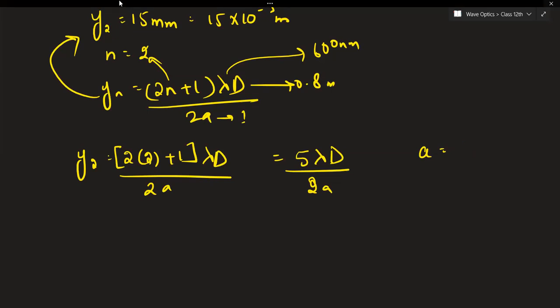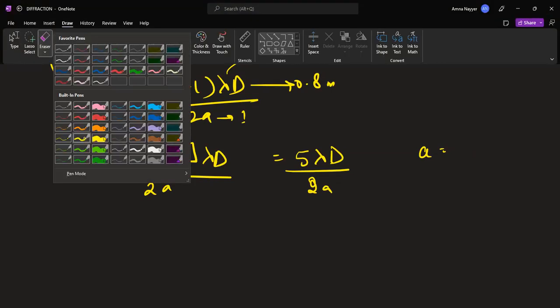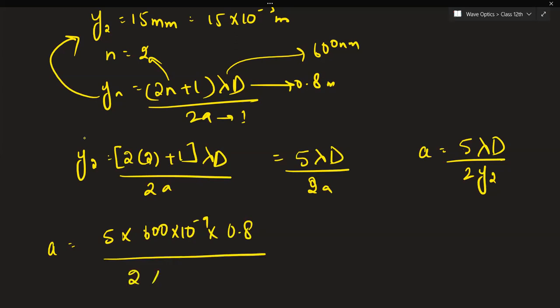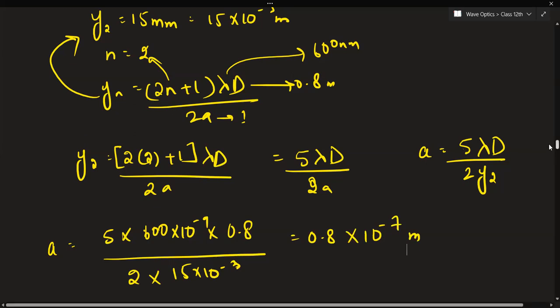So from here, a will become 5 lambda capital D by 2 into y2. So a will become 5 into 600 nanometers, so 10 to the power minus 9, capital D is 0.8, by 2 into y2, 15 millimeters. So 3 and 6 get cancelled, and 0.8 will be left. So this becomes 0.8 into 10 to the power minus 7 meters. Fine. This is the slit. Note down this question.